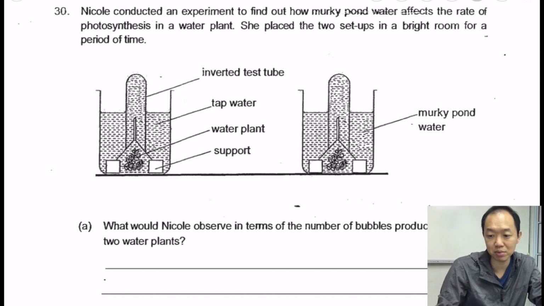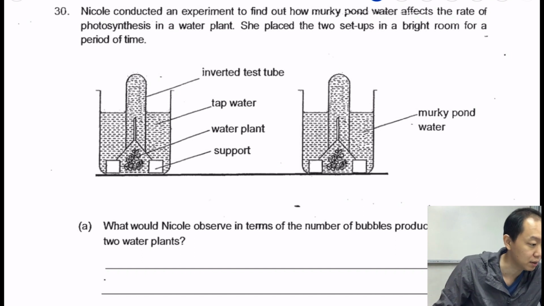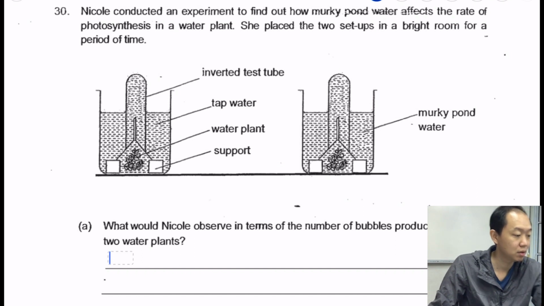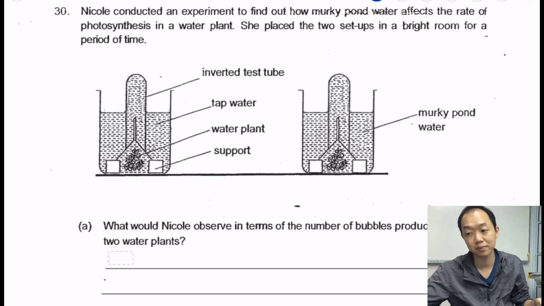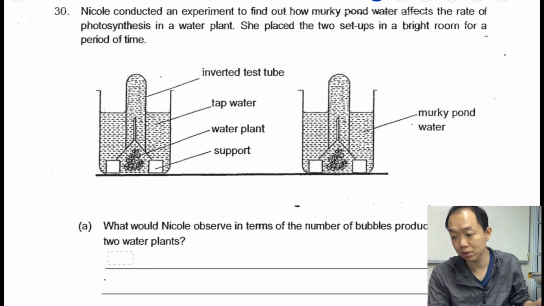So what would Nicole observe in terms of the number of bubbles produced by the two water plants? Which one will have more bubbles, which one will have fewer? The one in the clear water would have more bubbles, right? So the one with the clear water will have more bubbles.